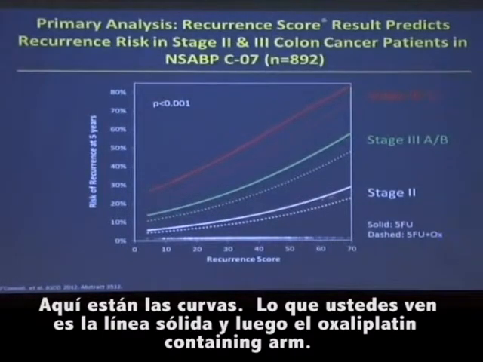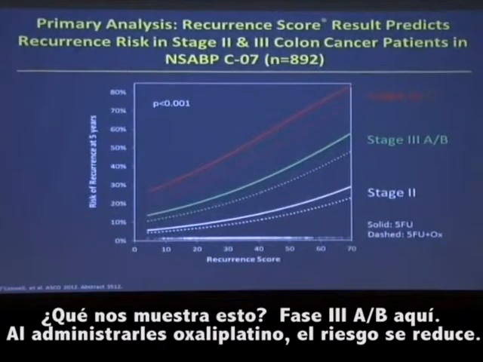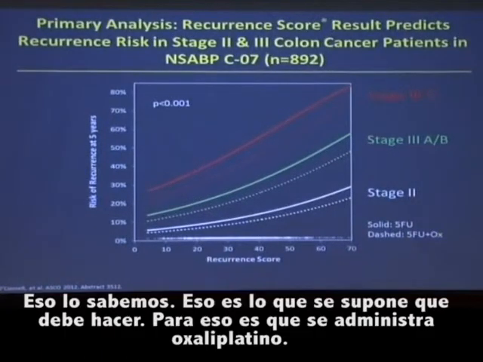Here are the curves. What you see is the solid line and then the oxaliplatin-containing arm, okay? And this is recurrence risk at 5 years, and this is the score, okay? So what does this show us? Stage 3 A and B. Here, adding oxaliplatin lowers your risk, okay? We know that.